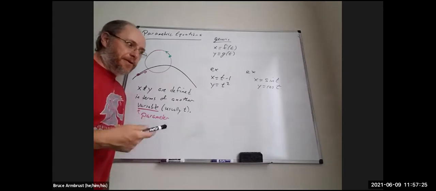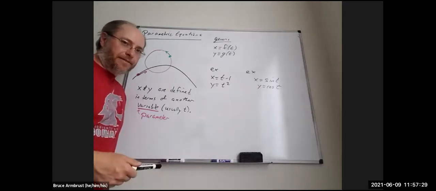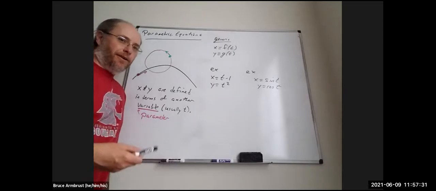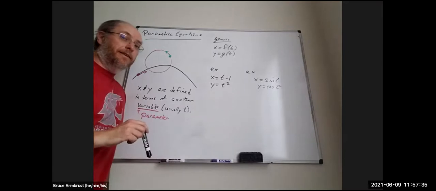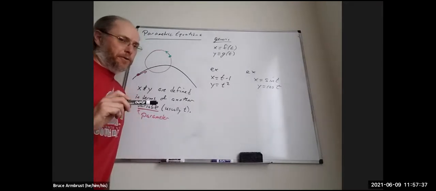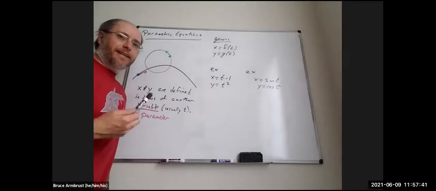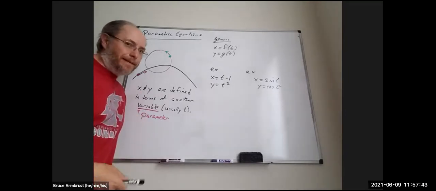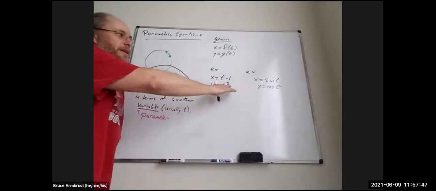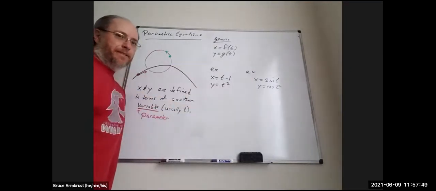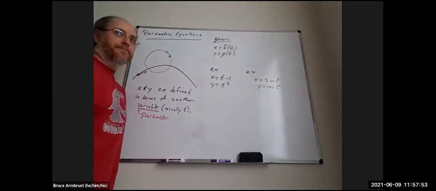In physics, we use parametric equations primarily for particles traveling on paths. So I'm going to say that all the time, but I don't want you to think that that's the only time you use parametrics. So I don't want you to think, oh, I'm not going to be a physicist, so this doesn't matter to me. No, it's habit. Okay, so this is what we're looking at. Plain and simple. These are parametric equations.